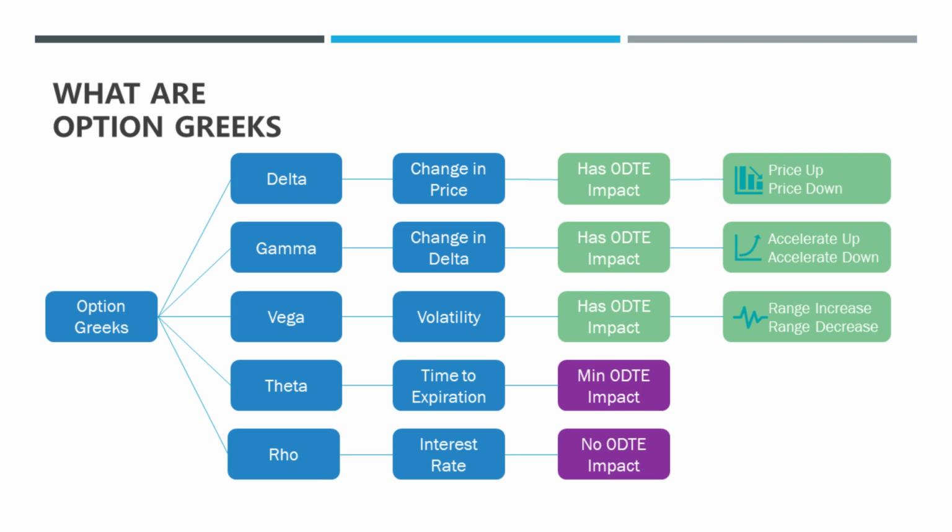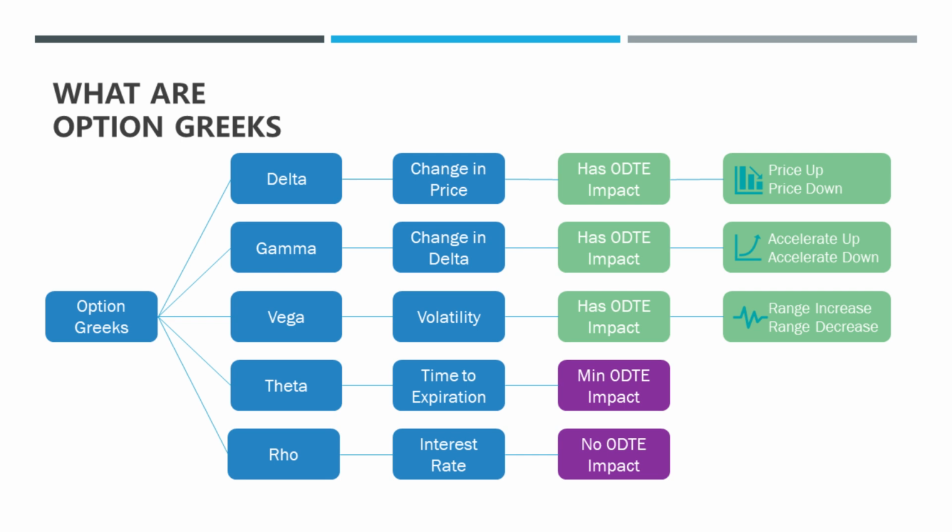So what that translates to for zero DTE is we have to observe when the price goes up and when the price goes down, whether there's an acceleration going up or accelerating going down, and if the range increases or decreases from a volatility standpoint.